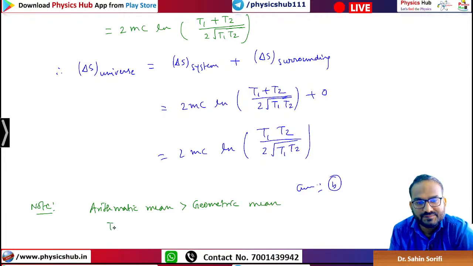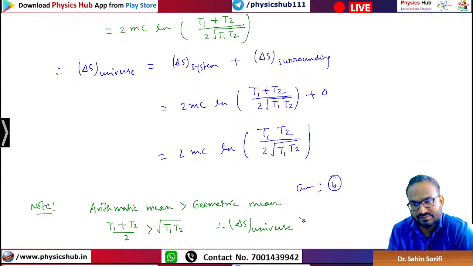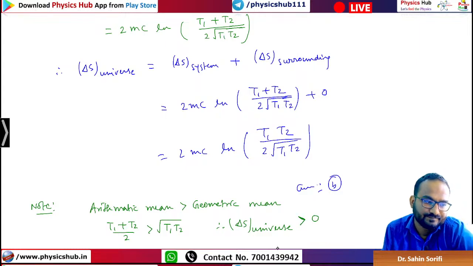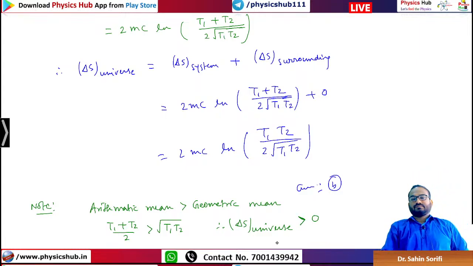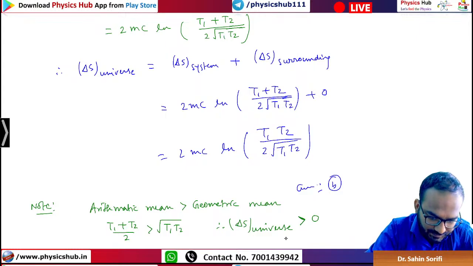Arithmetic mean is (T1 + T2)/2. Geometric mean is the square root of T1 T2. That means delta S of the universe is greater than 0, we can say. And that is a fact. Entropy of the universe always increases.